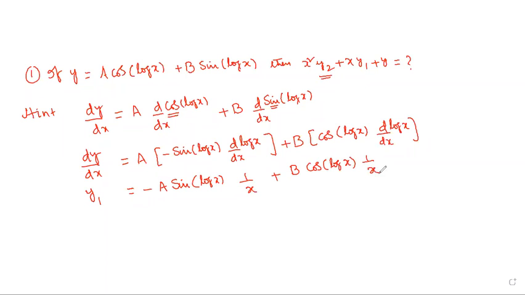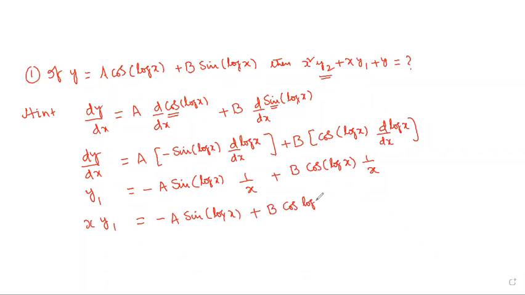In higher derivatives, if the denominator is x, take the LCM and do cross multiplication. So the LCM is x, and cross multiplying: xy1 is equal to minus a sine of log x plus b into cos of log x.